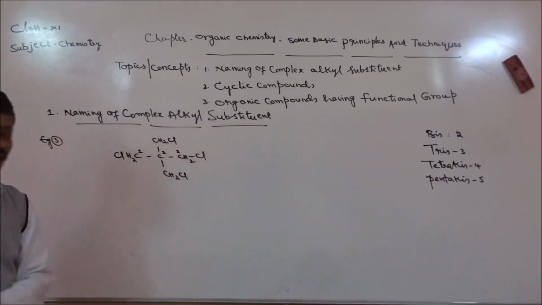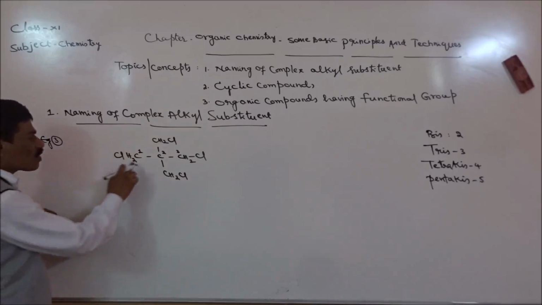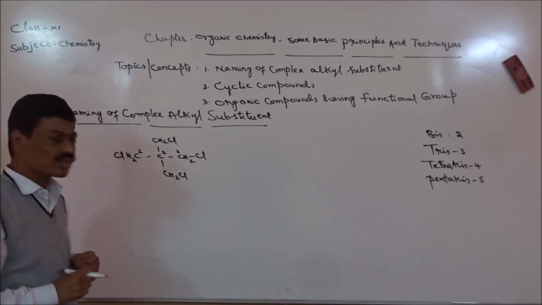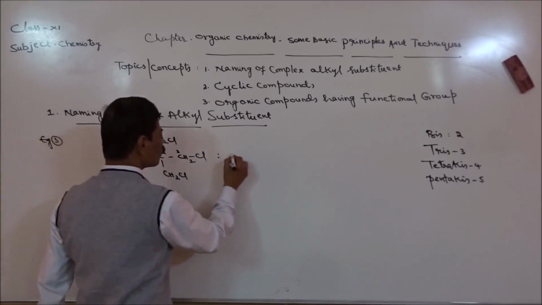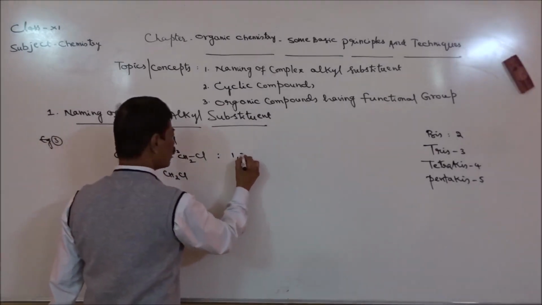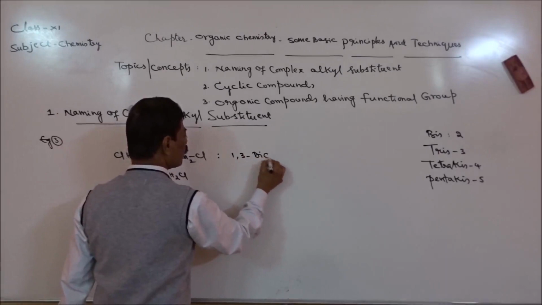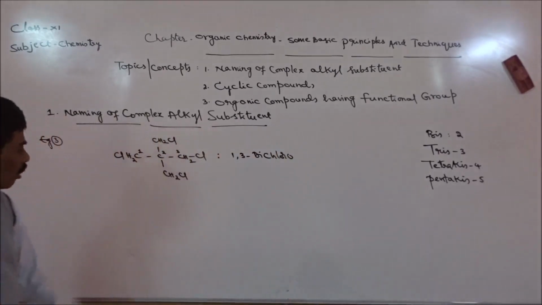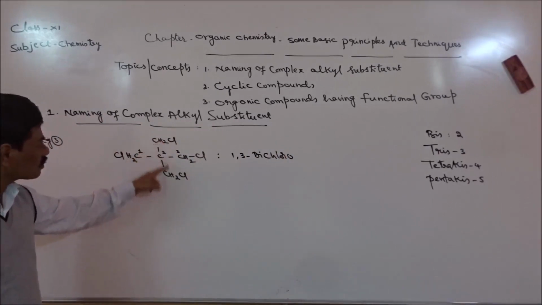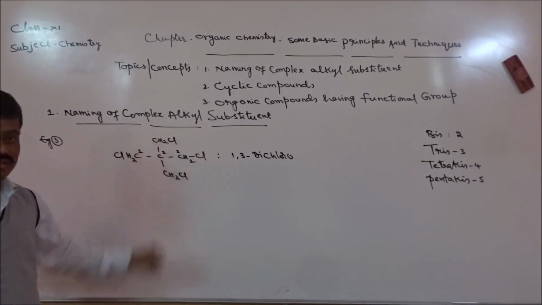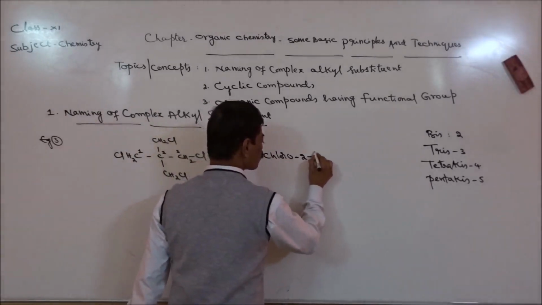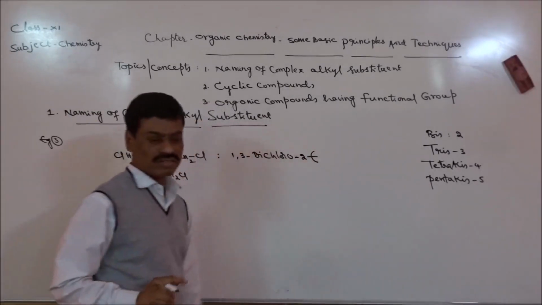Now let us see this compound here. To the first and third carbon atoms, chlorine atoms are connected, right? So we write 1, 3, dichloro. Now to the second carbon atom, CH2Cls are connected. So 2 and then round parenthesis.